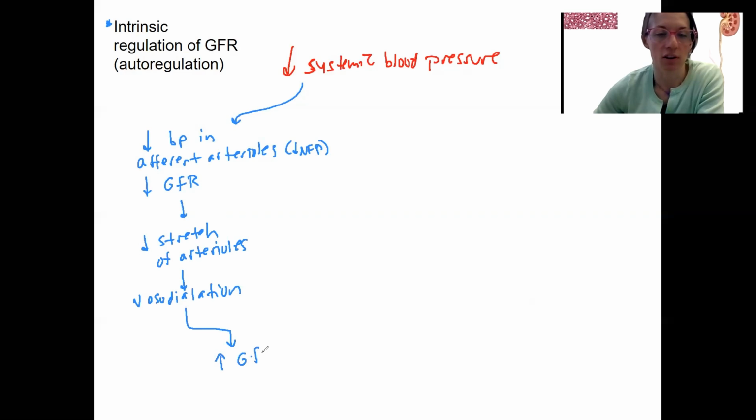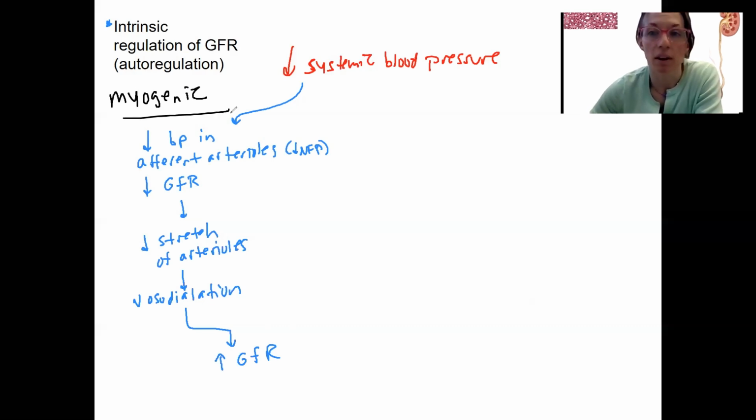Increase GFR. This is called myogenic. This is the same thing we saw with the arterioles of our skeletal muscles in response to local perfusion changes.